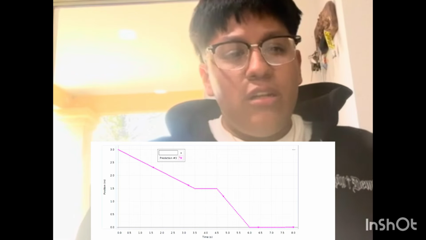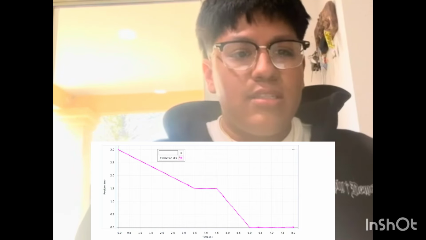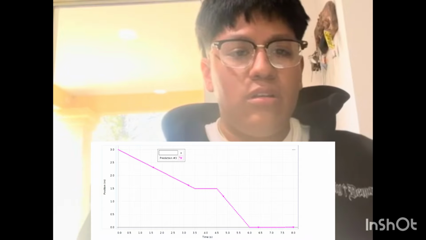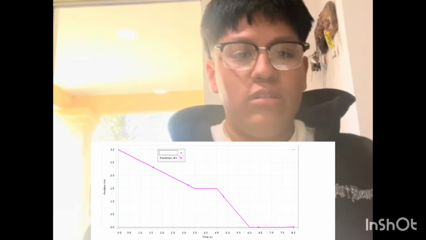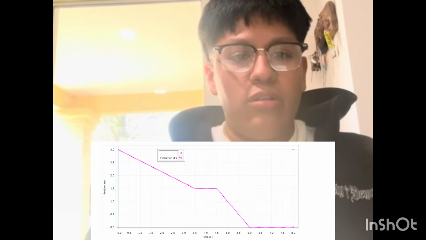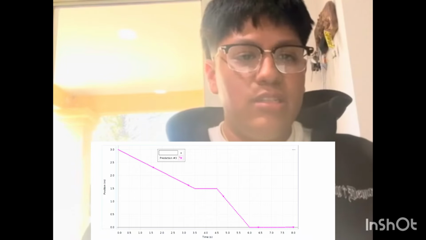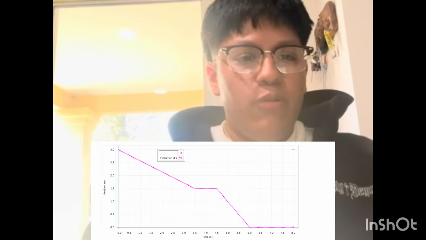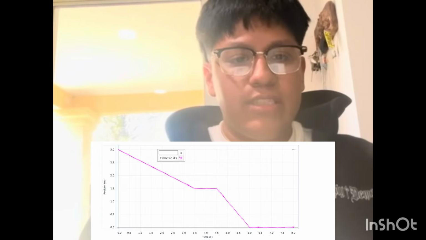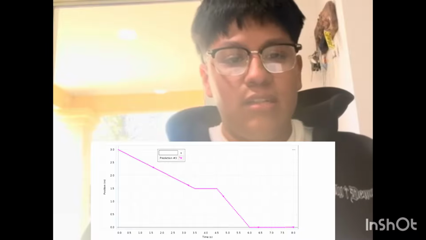So in conclusion, the graph shows that the object is moving towards the sensor at a constant speed about 0 to 3.5 seconds. Since the position decreases linearly from about 3.0 meters to 1.5 meters, from 3.5 to about 4.5 seconds, the object remains at rest because the position stays constant after that.